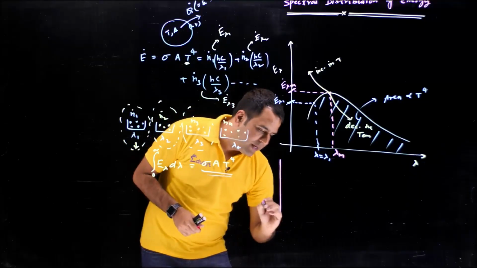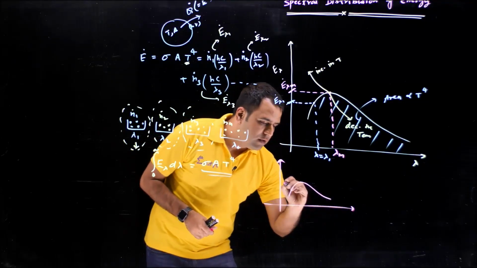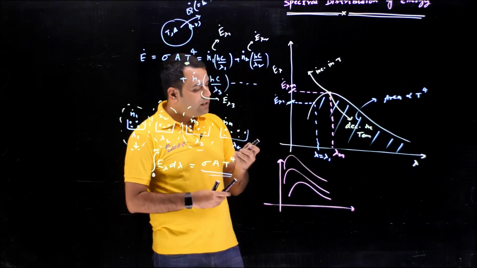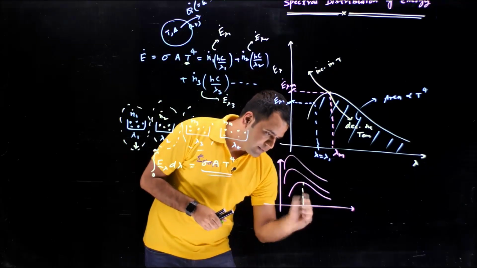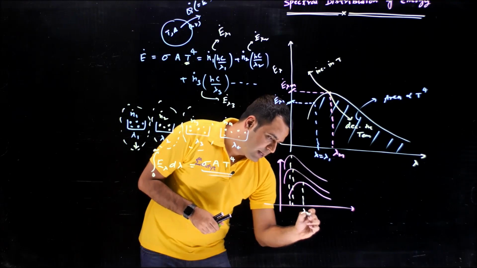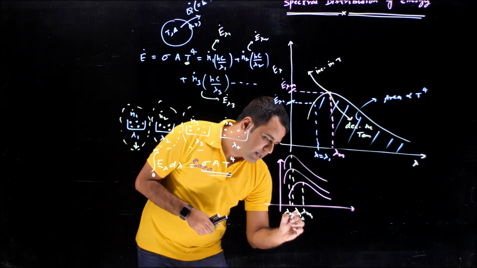the graph you will be getting at different temperatures will be having that kind of shape. So this peak, if you see, this peak is shifting. This is lambda m1, this is lambda m2, and this is lambda m3.